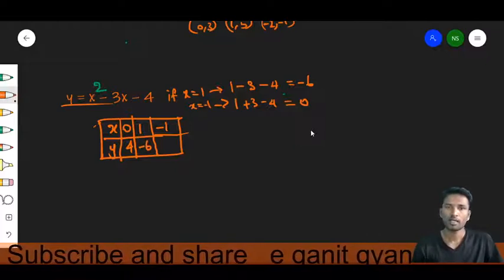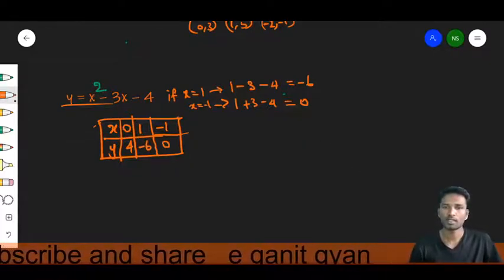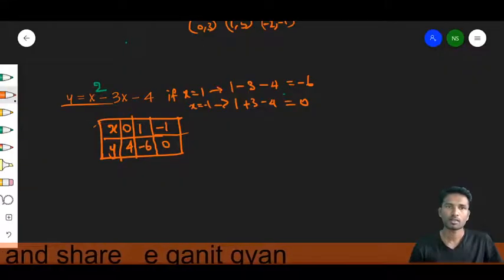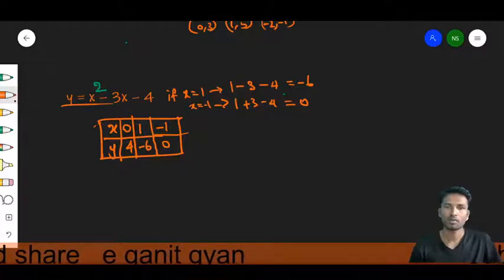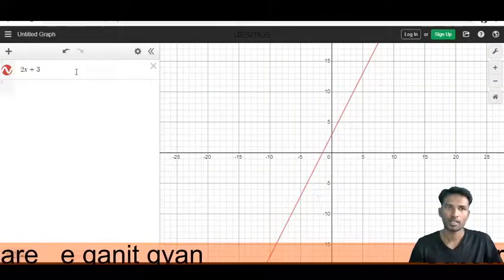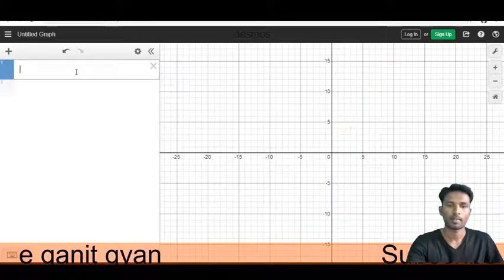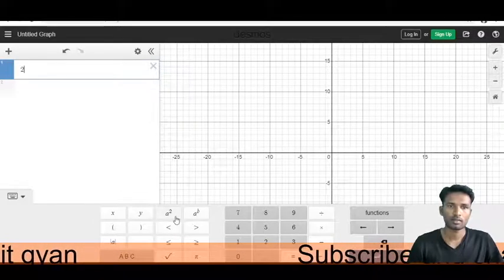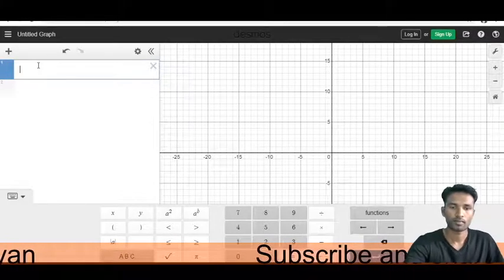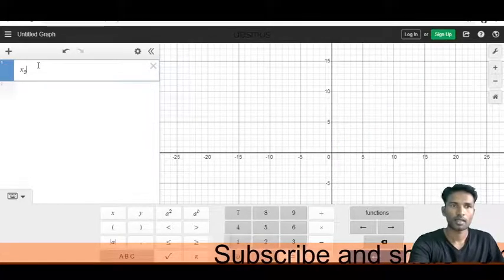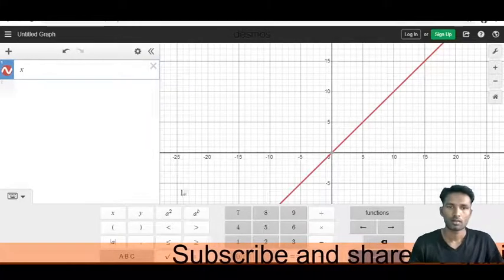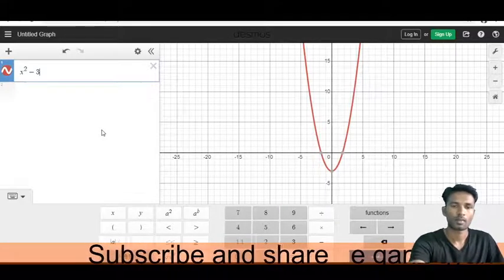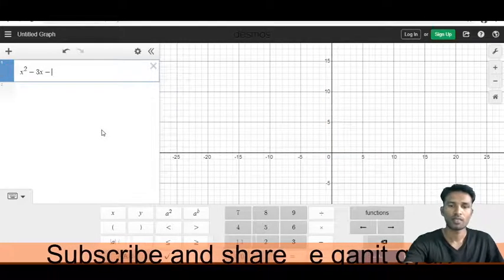Now if I complete this on the graph sheet, what is my equation? x square minus 3x minus 4. I will write my equation here, x square minus 3x minus 4.